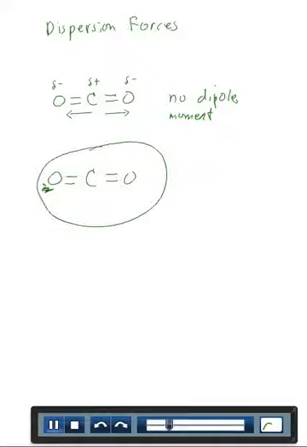And I've drawn the oval so that it's bigger on the right side than the left side. So that just means that there are more electrons on the right side than on the left. So what this will cause is an instantaneous dipole.